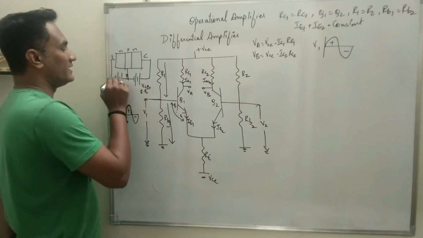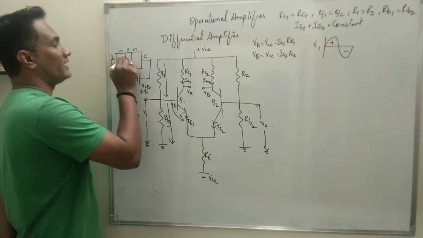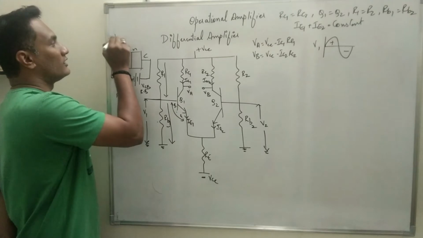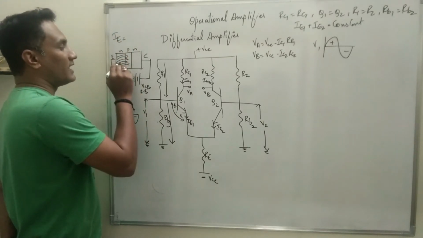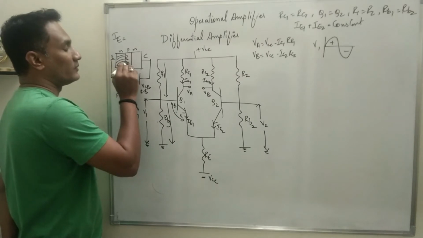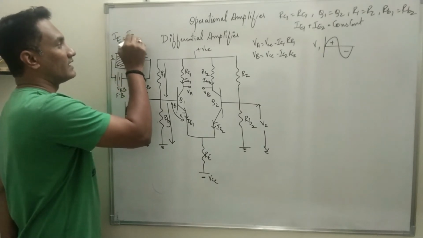Okay, now this negative terminal will repel the electrons, right? Electrons will move from the N region into the P region, which will constitute emitter current IE. Now out of that large amount of electrons moving from emitter to base, few electrons will recombine with the holes in the P region, which will constitute the base current IB.